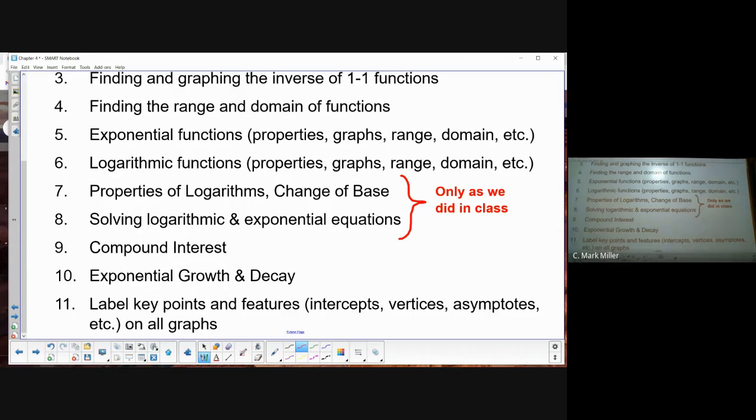Every aspect of our society just about has screen input or output to interpret. Very, very important. So anyway, that you can expect to see. We're only going to do these items 7 and 8 as we did in class. We skipped a lot of these sections. Okay?